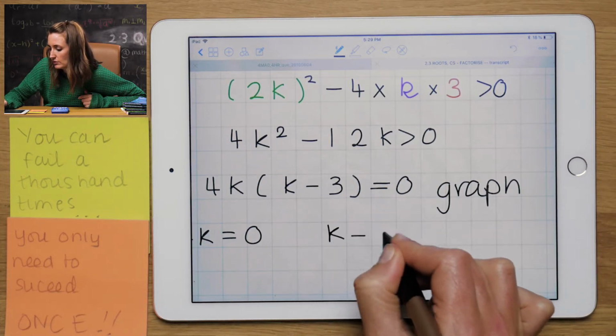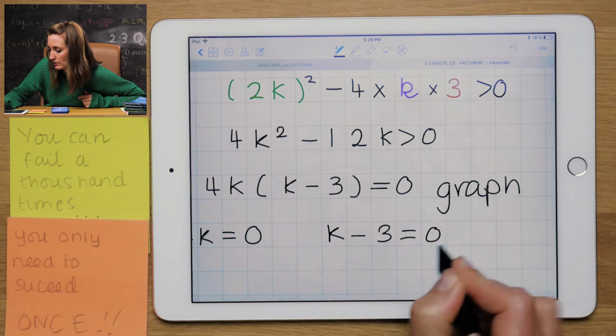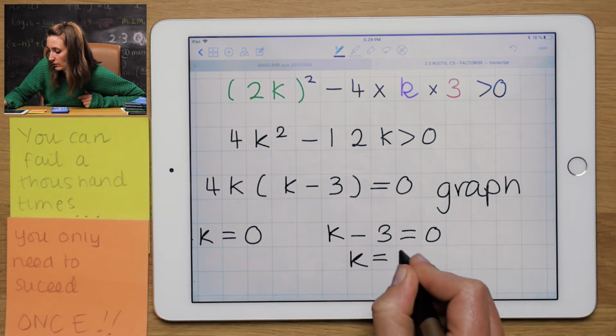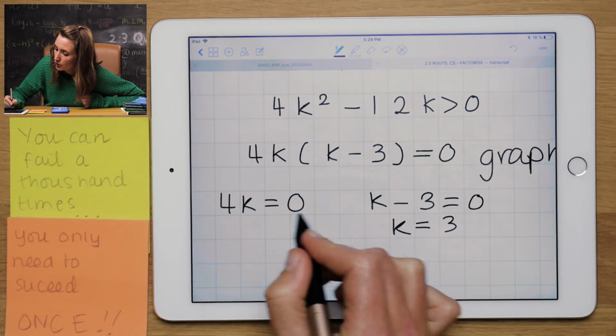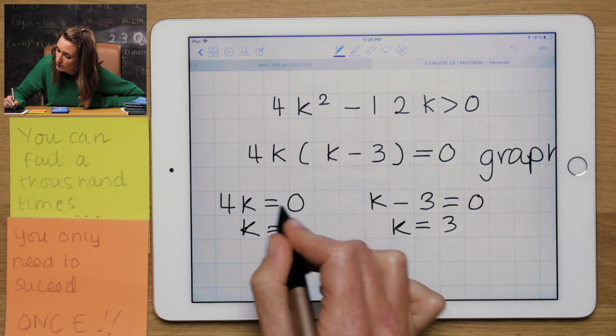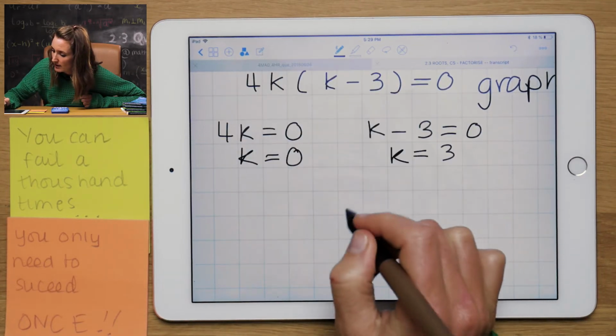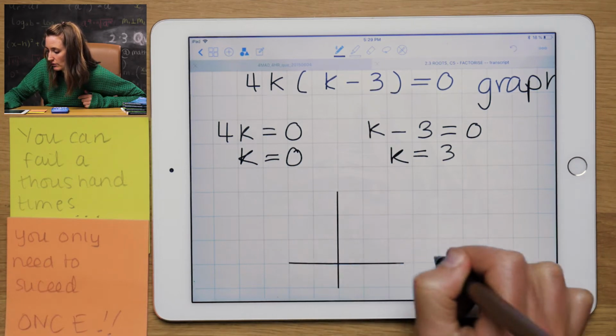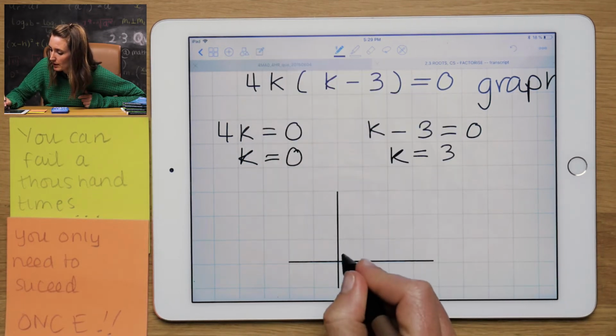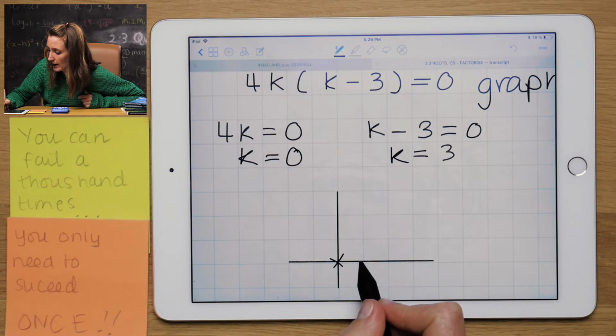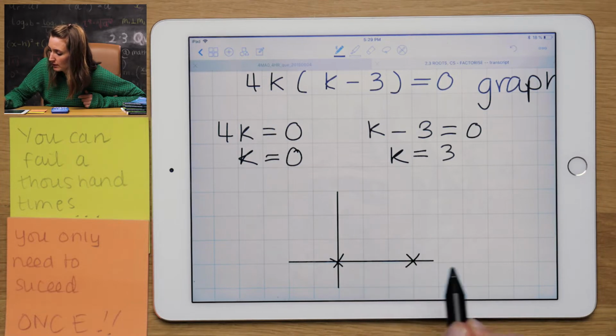So the two solutions would be k minus 3 equal to 0, k equals 3, and 4k equals 0, or k equals 0 divided by 4, 0. We're going to use that information to draw a small rough sketch. We're going to put our roots here on 0 and on k equals 3.